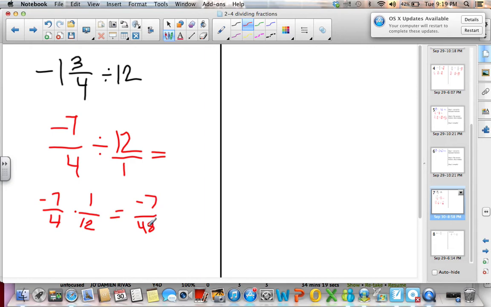So negative 7 48ths is our final answer. It cannot be simplified anymore. And that makes sense to us because we are taking a negative 1 and something and dividing it into 12 pieces. And so it's going to be a pretty small number.